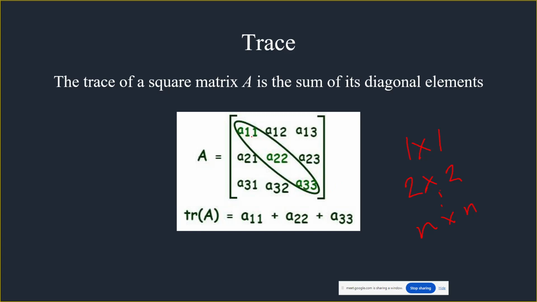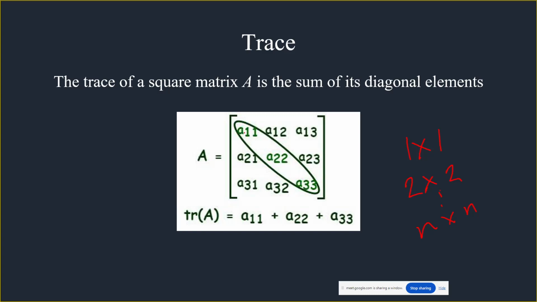It has 9 elements: A11, A12, A13, A21, A22, A23, and finally in the last row we have A31, A32, A33. If we want to find the trace of this square matrix, we need to sum the diagonal elements, or the main diagonal.